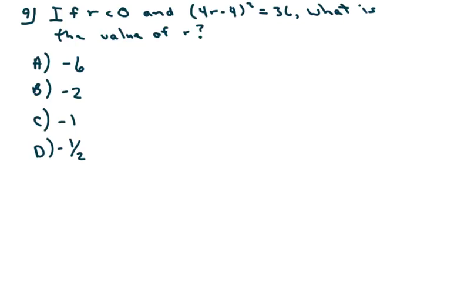Next one. If r is negative and the quantity 4r minus 4 squared is 36, what is r? So we're just solving for r. I'm going to square root both sides.